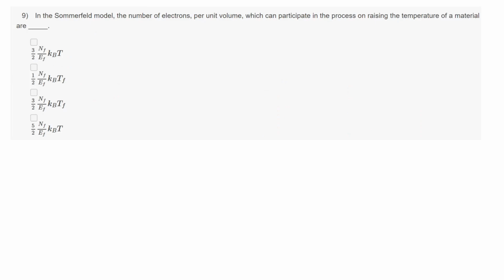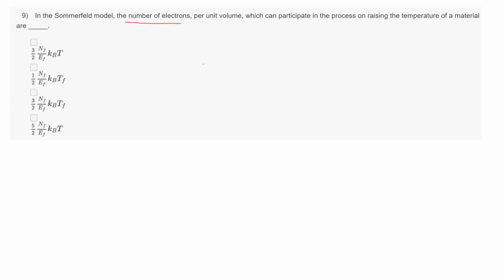In the Sommerfeld model, what is the number of electrons per unit volume which can participate in the process of raising the temperature of the material? So we have to find the number of electrons.